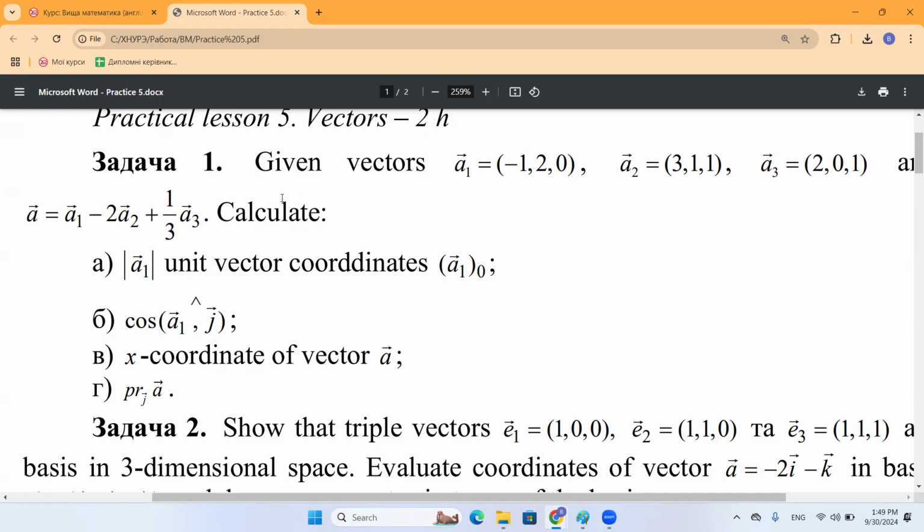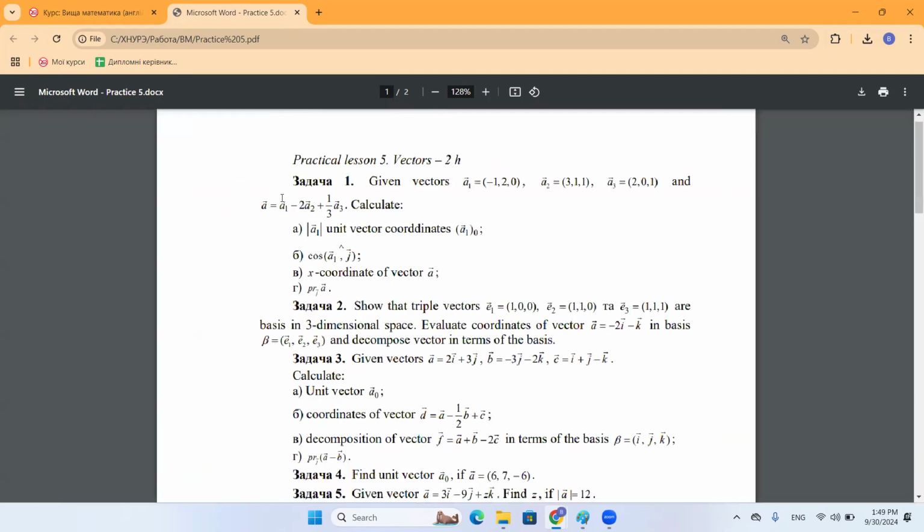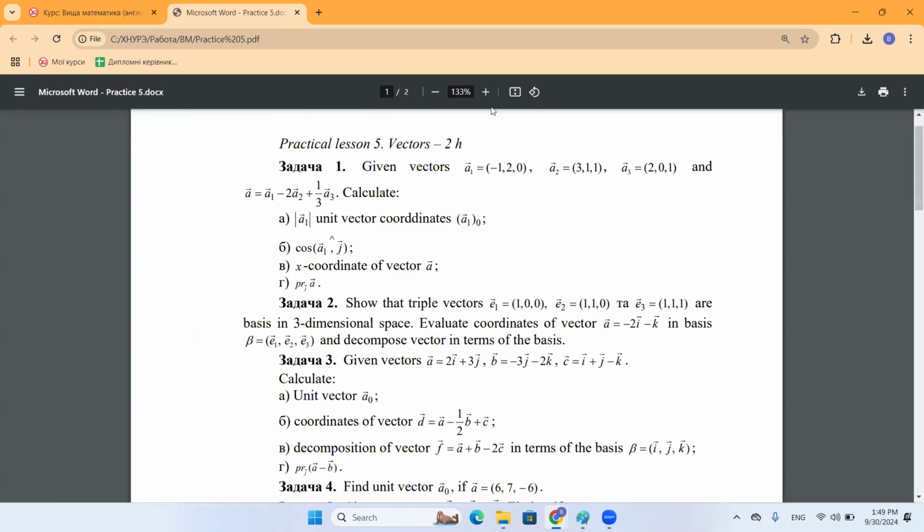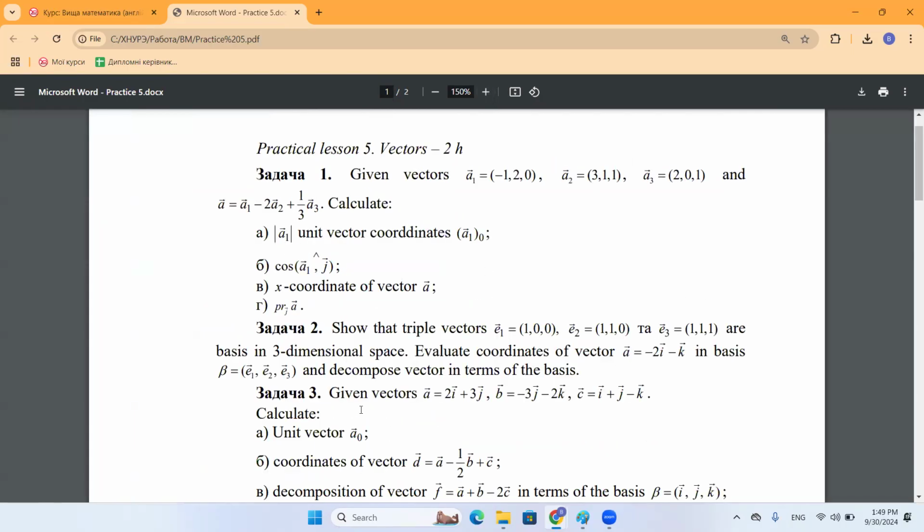What is it? So we are going to the next task, Task 2. What is the basis? What do you remember about collinear vectors, coplanar vectors?